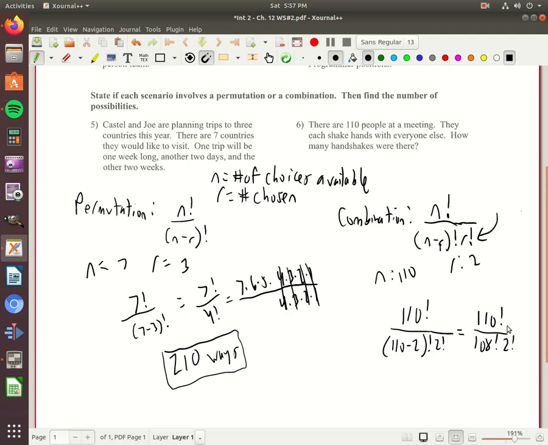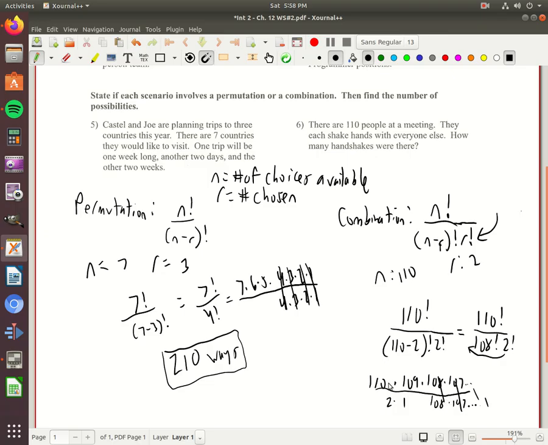So if you think about this, 110 factorial is 110 times 109 times 108 times 107, dot dot dot because it goes down to 1. Well, this 108 factorial is 108 times 107, dot dot dot, all the way down. So these are going to cancel each other out. And I'll just move this 2 factorial in front. So it's going to be 2 times 1, which is obviously just 2.